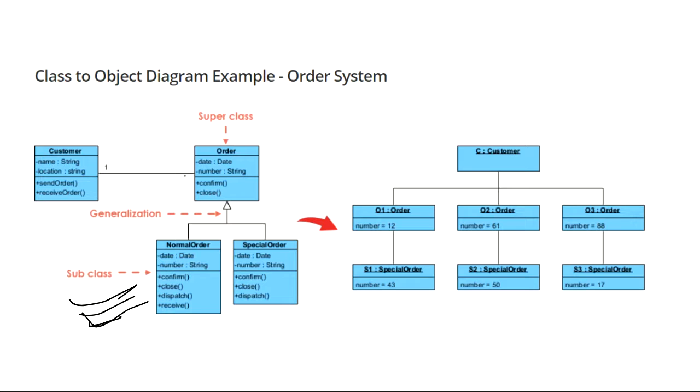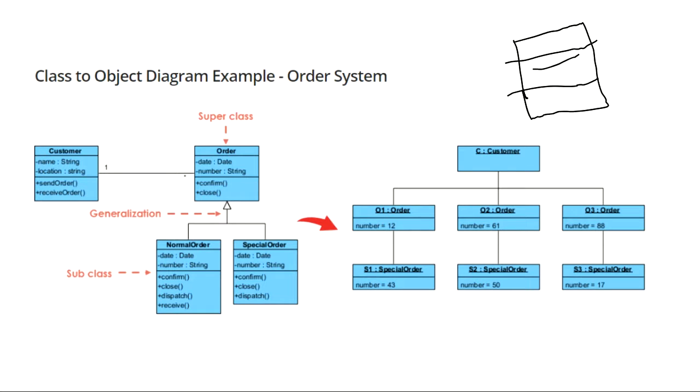Now suppose I want to convert this class diagram into an object diagram. So how will we do that? First of all, the structure. Let's talk about the structure of the object diagram. The structure of the object diagram is the same as the class diagram. First block will be the object name. Second block will be your same object attributes.